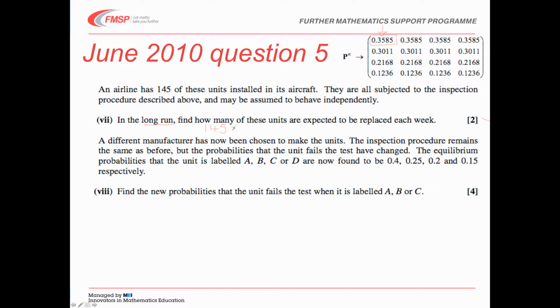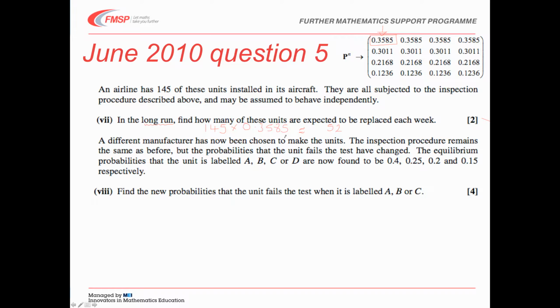So we times by 0.3585. That's the probability that it is replaced. It starts with A at the week in the long run. Okay, and if you work that out, you get about 52 units. Okay, so it's okay to round in this case. It's total number of units.